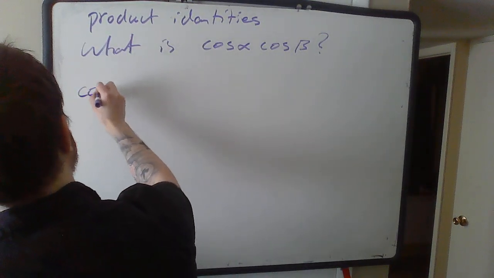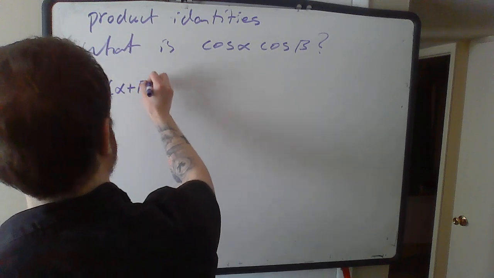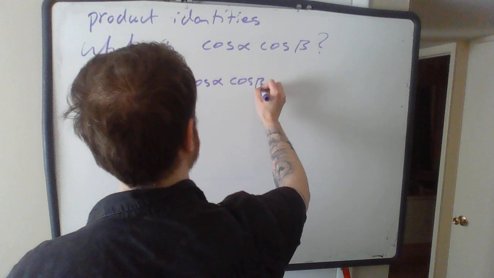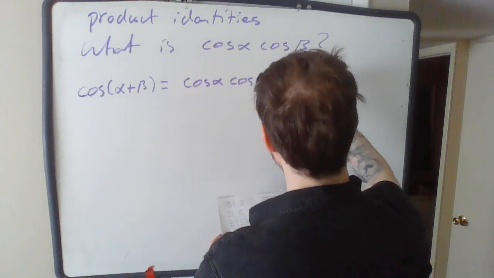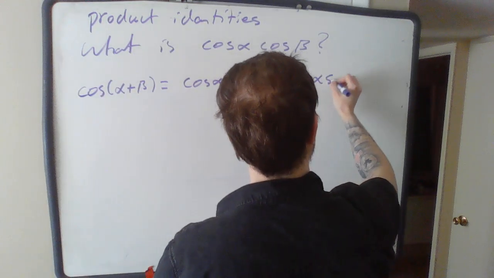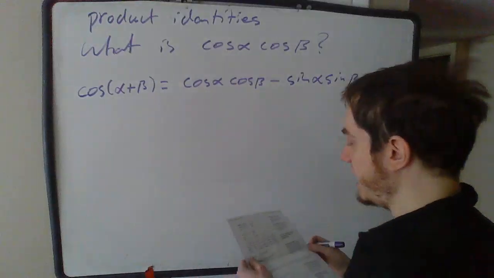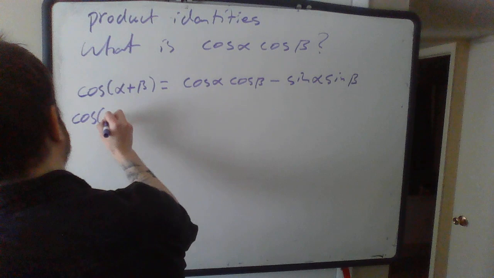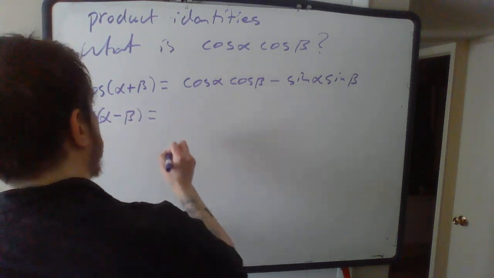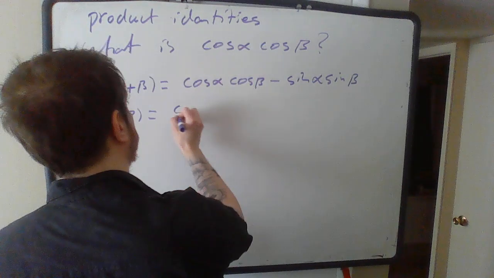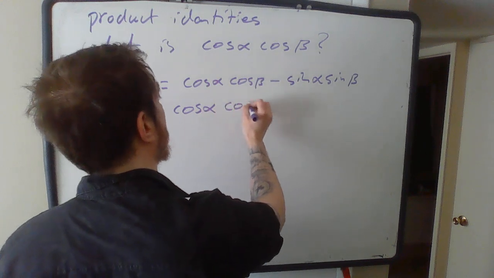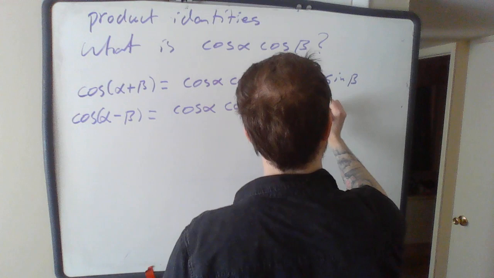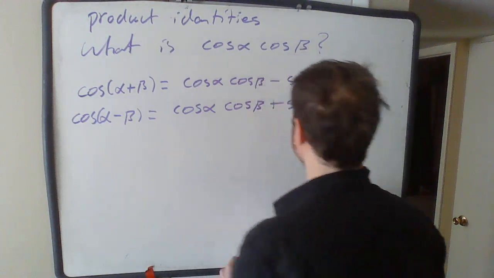I have that the cosine of alpha plus beta is equal to cosine alpha cosine beta minus sine alpha sine beta. And then it also shows up in cosine alpha minus beta, because that is equal to cosine alpha cosine beta plus sine alpha sine beta.